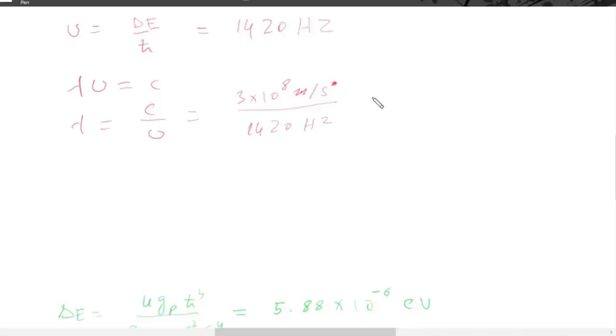Then the wavelength value is equal to 21 centimeters.